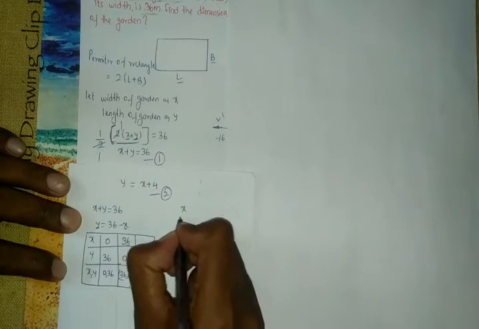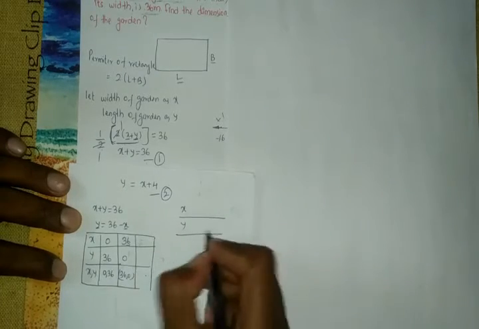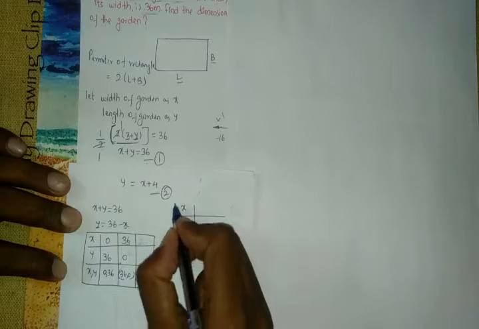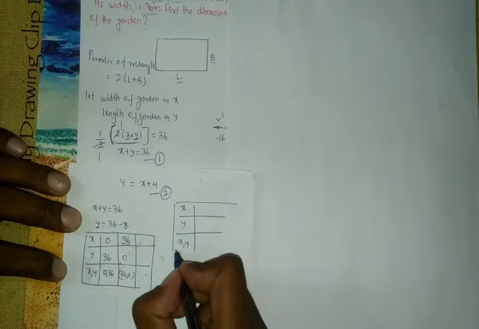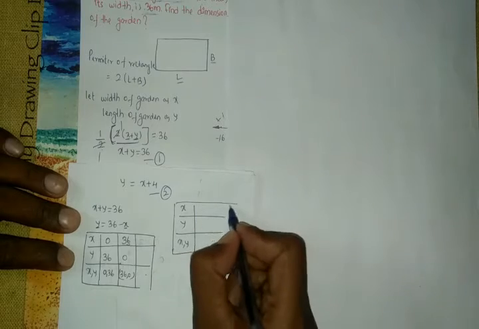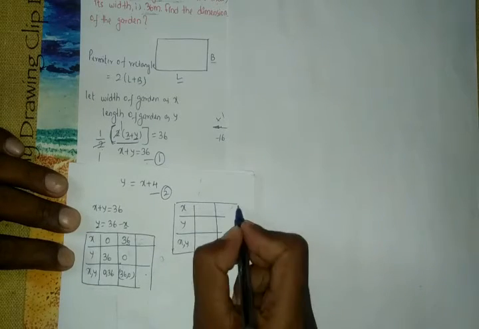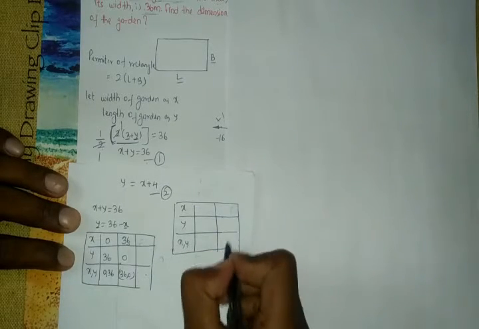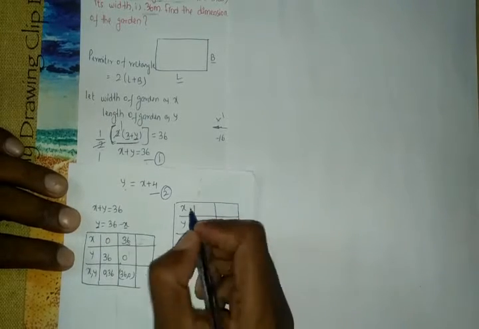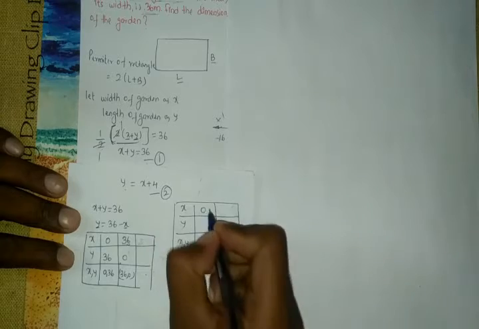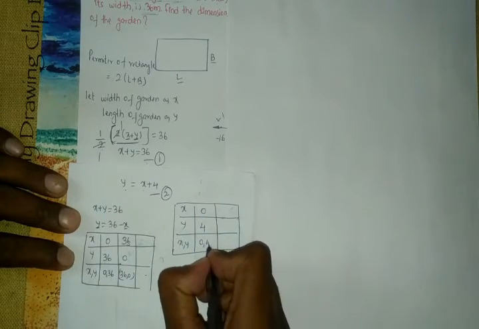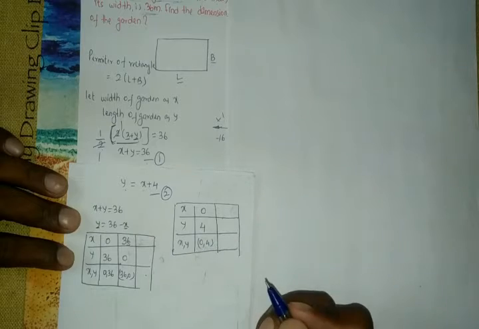So my table will be having x comma y. So I have to put the value of x and get the corresponding value of y. Let me put the value of x as 0. I will get the value of y as 4. So it is 0 comma 4.